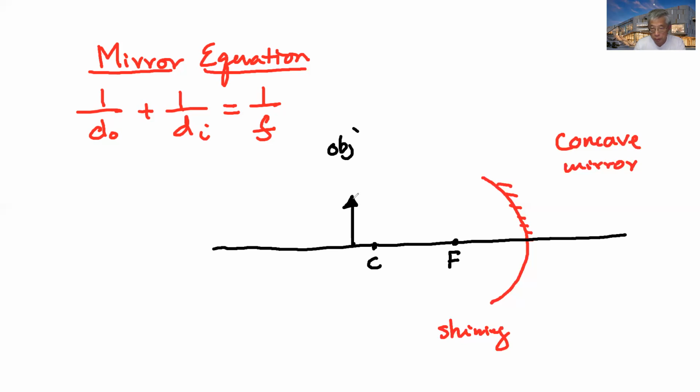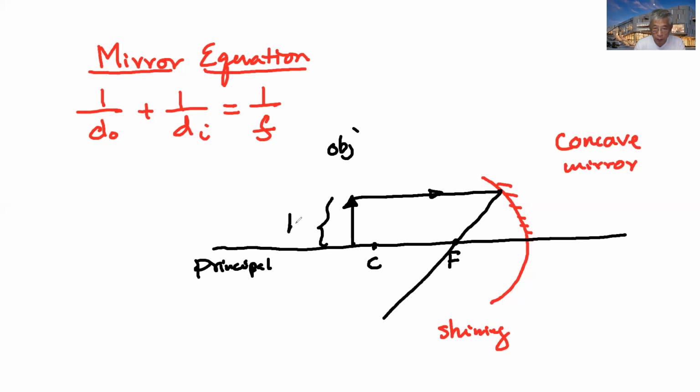The first ray we're going to draw is parallel to the principal axis, and it goes through the focus. This is called HO.